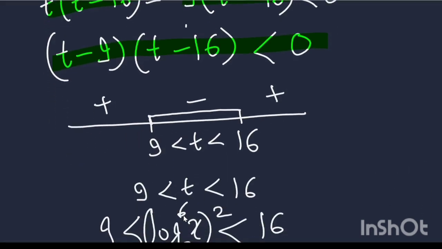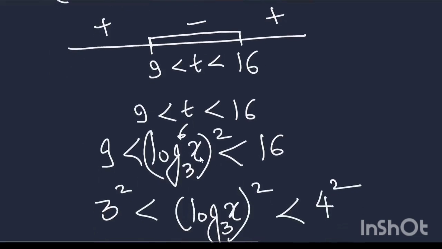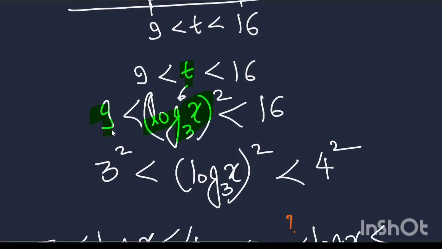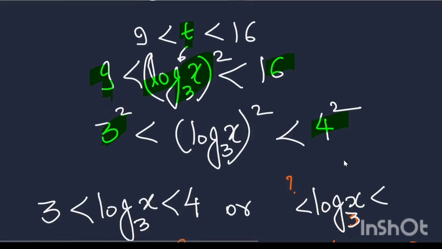Now we will again substitute t as log x base 3 whole square. 9 is written as 3 square and 16 as 4 square, so we can write it as: what is the value of log x?